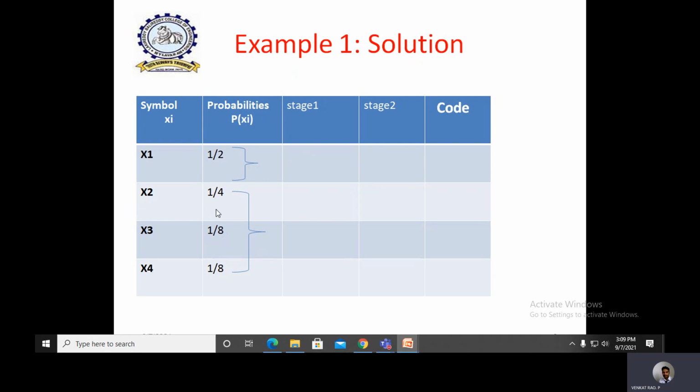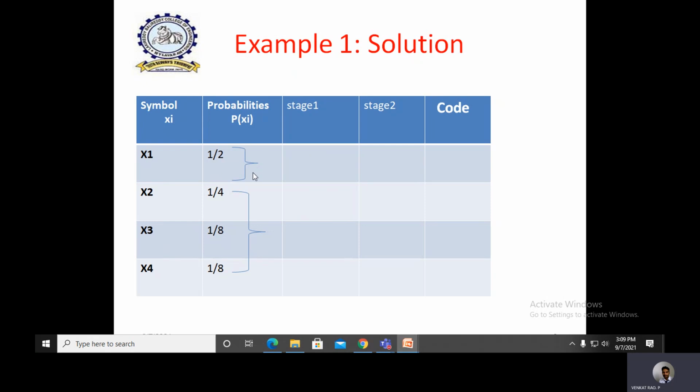What is our rule? The sum of the probabilities of each group must be almost equal. Now I am going to change the division, with x1 as only one group, and the remaining 3 as another group.